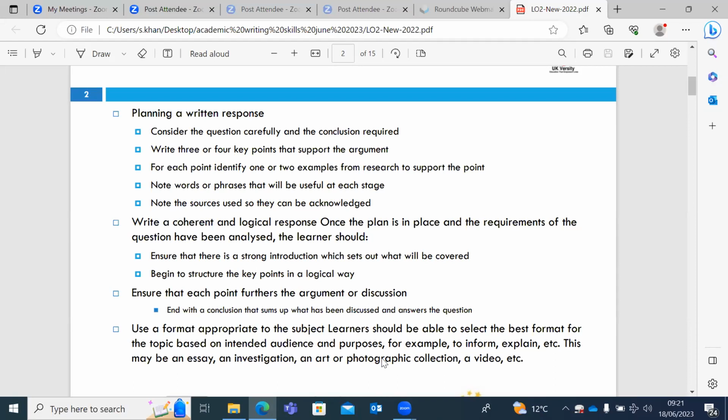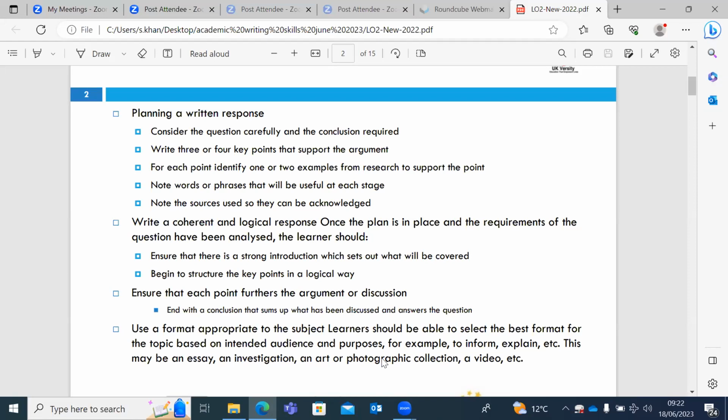You need to begin to structure the key points in a logical way. You need to ensure that each point furthers the argument or discussion, and you need to end with a conclusion that sums up what has been discussed and answers the question.